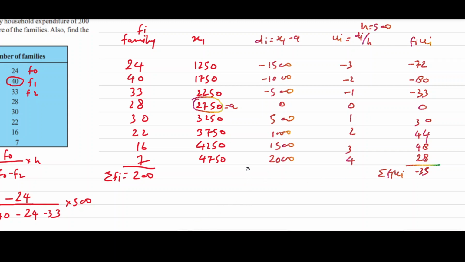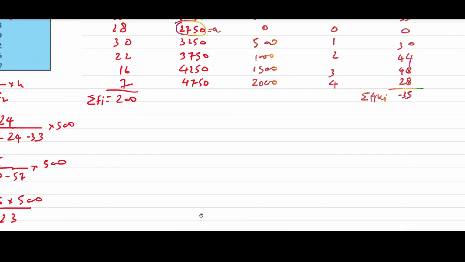Now what is the formula for mean here? What we have subtracted, we will have to add back. So we add a, which is 2750. Then we divided by h, so we multiply by it. Now sigma fi ui is minus 35 and sigma fi is 200. Here h is given as 500.